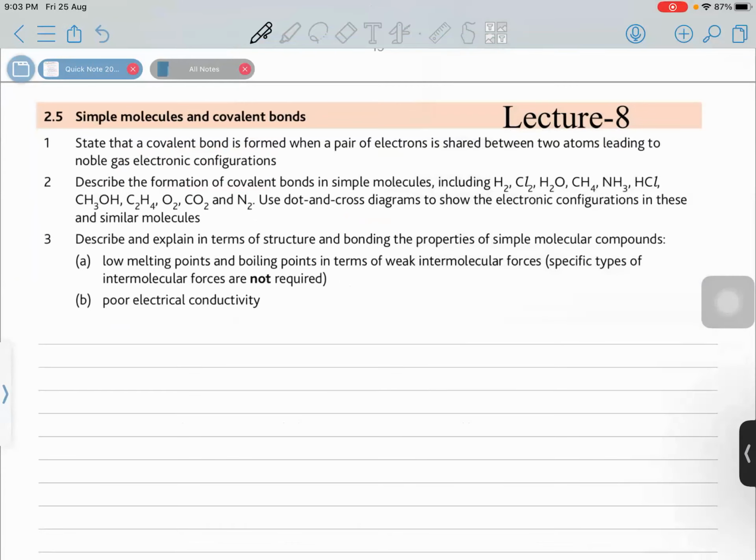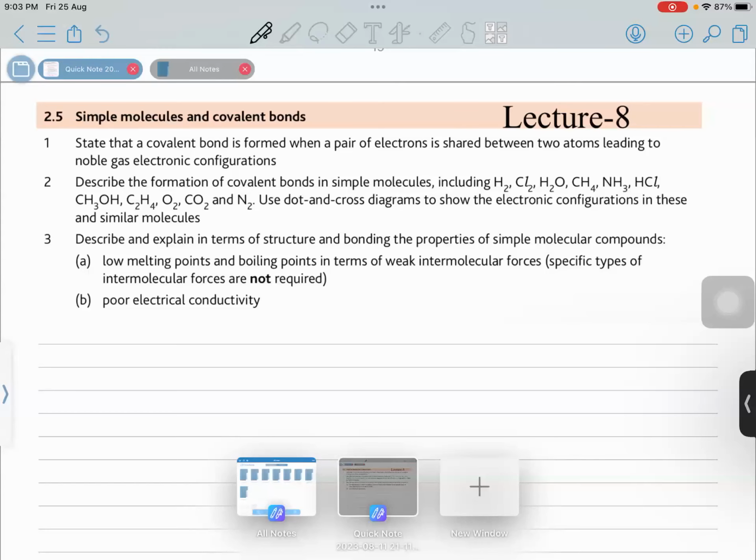Are you listening to my voice? Yes, sir. So first is, state that a covalent bond is formed when a pair of electrons is shared between two atoms, right? So what is covalent bond?